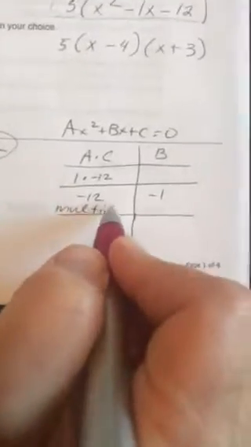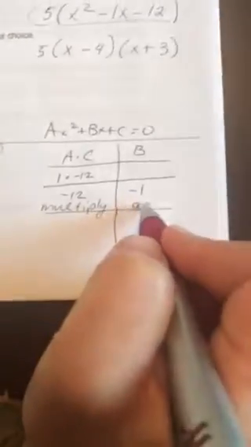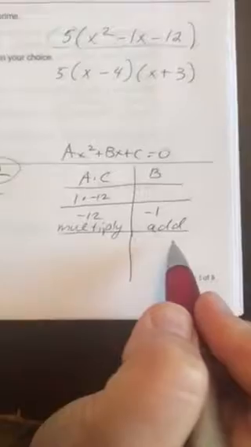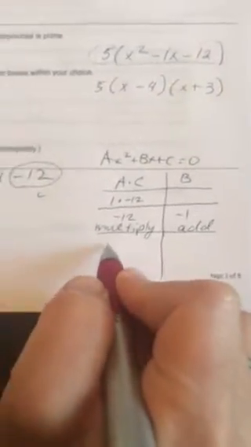So A times C, 1 times negative 12 is negative 12. And my B is just my B, which is negative 1. So I am looking for 2 numbers that multiply to get negative 12, that add, or obviously subtract, to get negative 1. So I can try all my different factors.